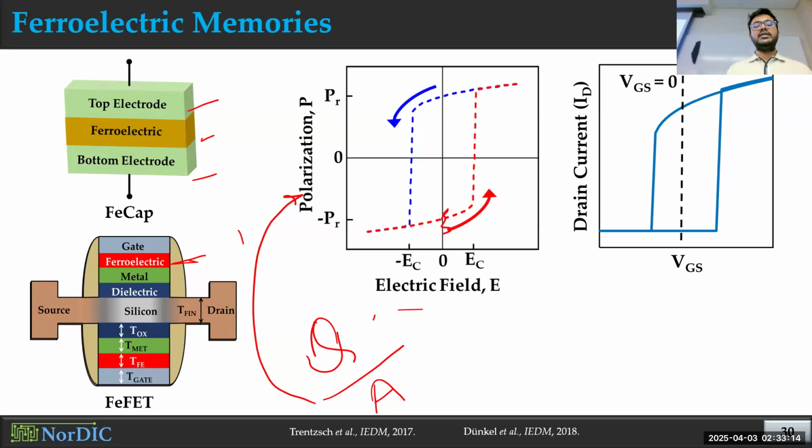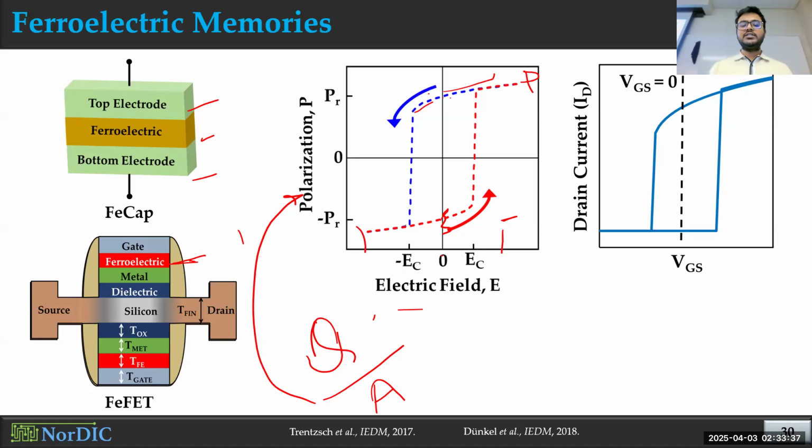That's the major advantage here. Even if you remove the voltage, it has two polarization states. One is positive, one is negative. So even if you remove the voltage, it can remember what polarization state it was in. It was either negative or positive. And the write operation is similar to memristor. You need to apply either a positive voltage or a negative voltage to switch to the positive and the negative polarization state here.